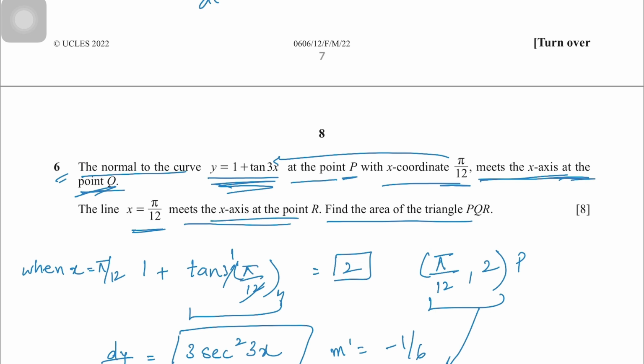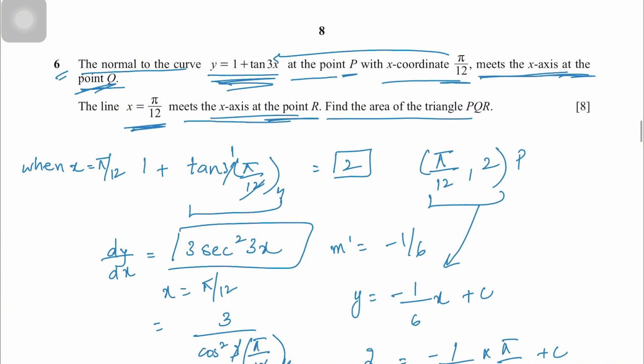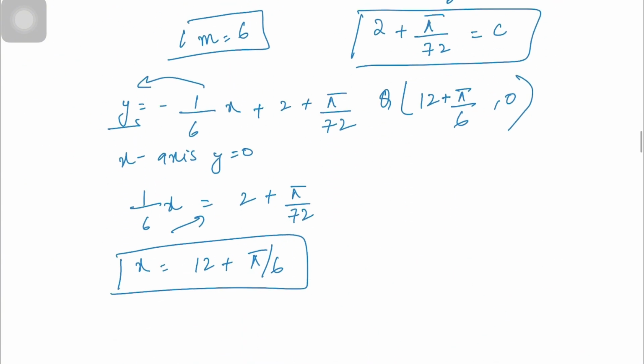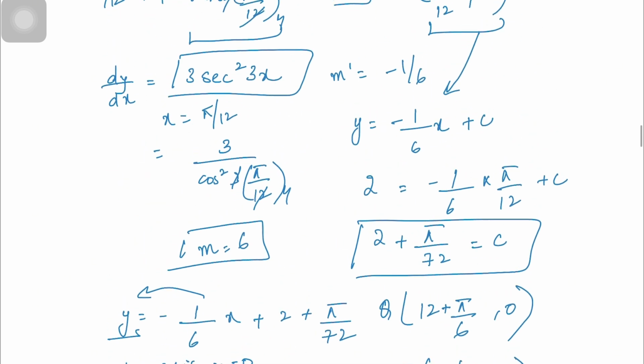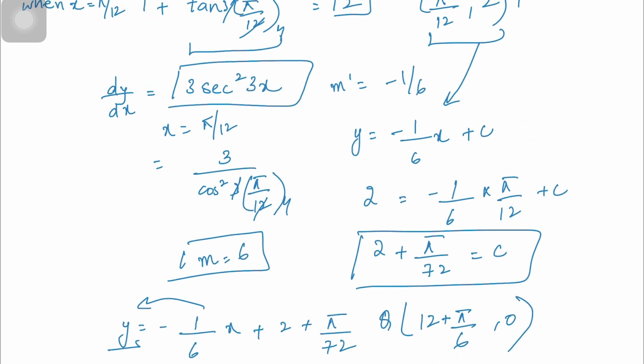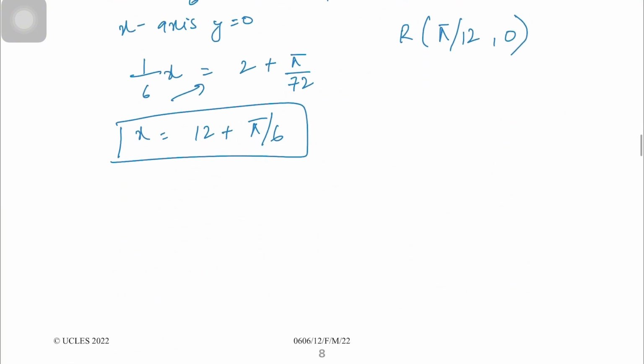The line x equals pi by 12 meets the x-axis at point R. Since it's a pi by 12 line, R can be written simply as (pi by 12, 0). Now we need to calculate the area of the triangle. It's a pretty simple task. What we can do is just illustrate it first. This can be drawn as this is pi by 12 and then 2.